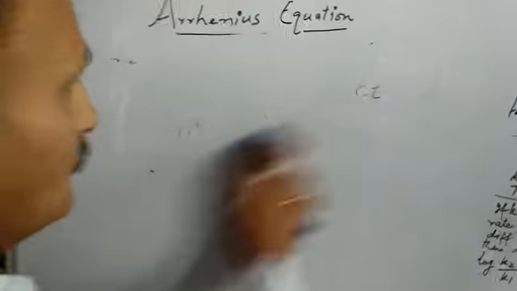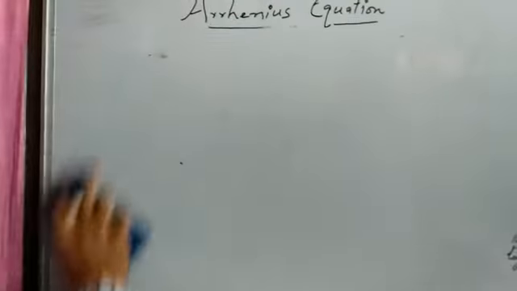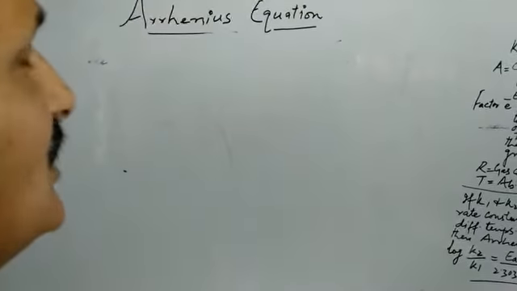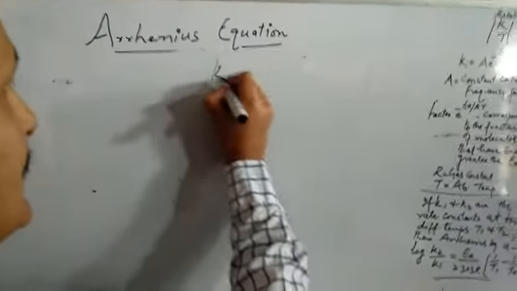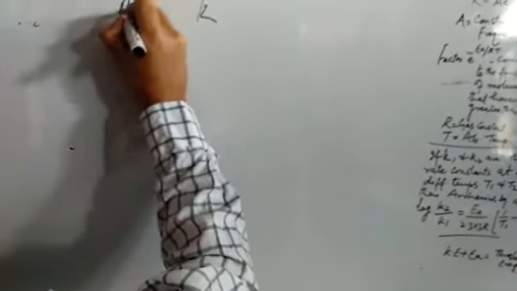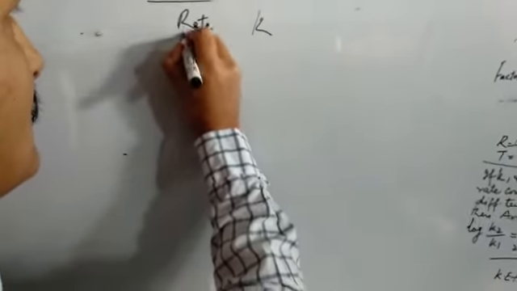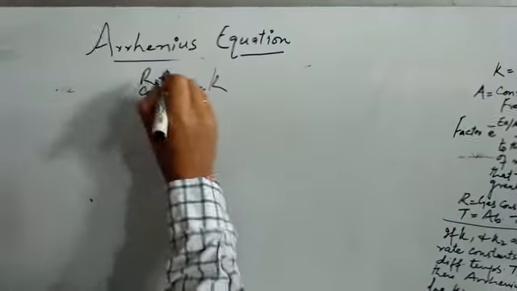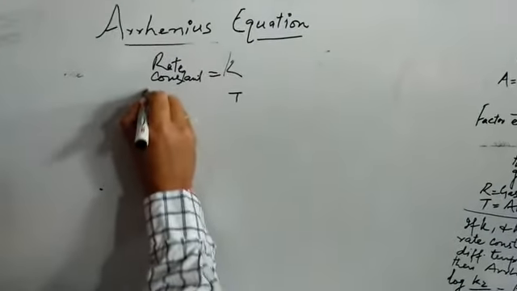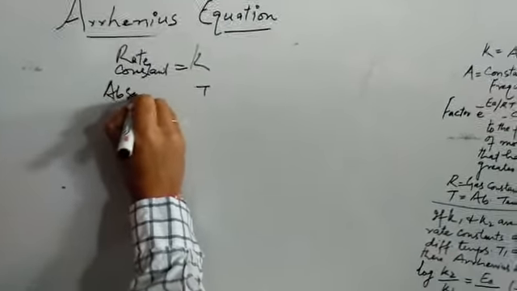Now, Arrhenius was a scientist. He gave a relationship between the rate constant, K, or velocity constant, and the absolute temperature of a reaction.